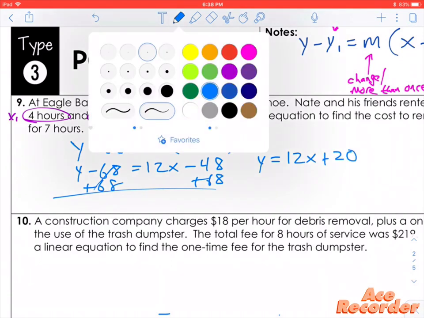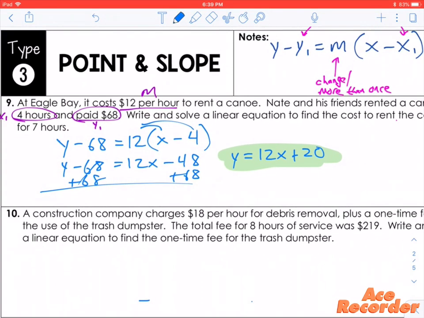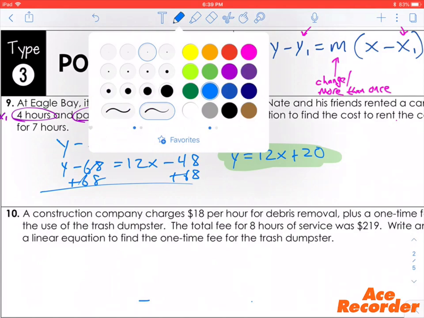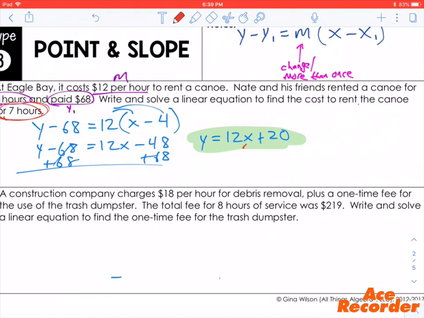And so using that equation, we can now go ahead and plug whatever we're looking for in. So at the end, it says write and solve to find the cost to rent for 7 hours. So like I said, 7 hours is x, so we're going to plug it in right there. y equals 12 times 7 plus 20.